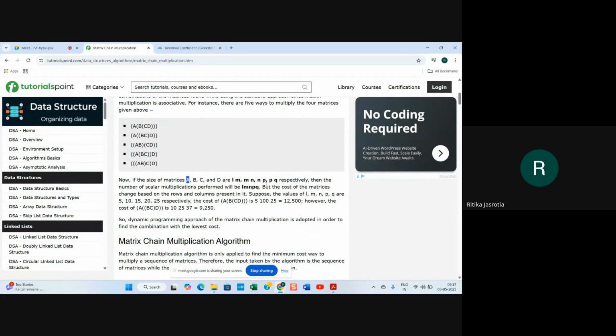Rows and columns of D is PQ. So these are the sizes they have given. Then the number of scalar multiplications performed will be L into M into N into P into Q. Right, but the cost of the matrices changes based on the rows and columns present in it. Suppose the values of L, M, N, P, Q are 5, 10, 15, 20, 25 respectively.